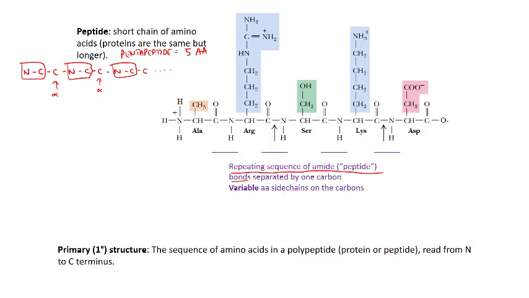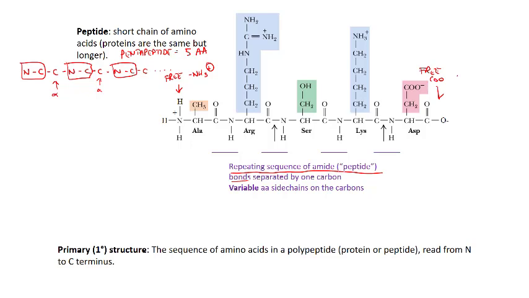Now, notice that we have this sequence of peptide bonds, but at the end of the chain, you don't have peptide bonds. You still have your free complementary functional groups that are available to react with more amines. So what happens is we are left with a free amino group at one end of the molecule and a free carboxylic acid group at the other end of the molecule.